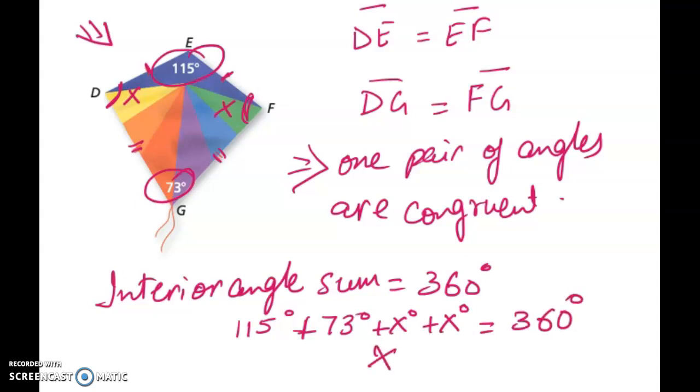Now my question to you is, what is X degrees? And X degrees should be equal to angle D, which is equal to angle F. Figure it out for me.